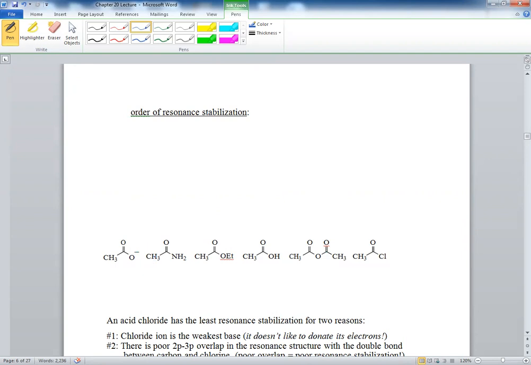If we choose this one right here, or we can choose the oxygen here, and draw the resonance structure, you would get just like what we did before.